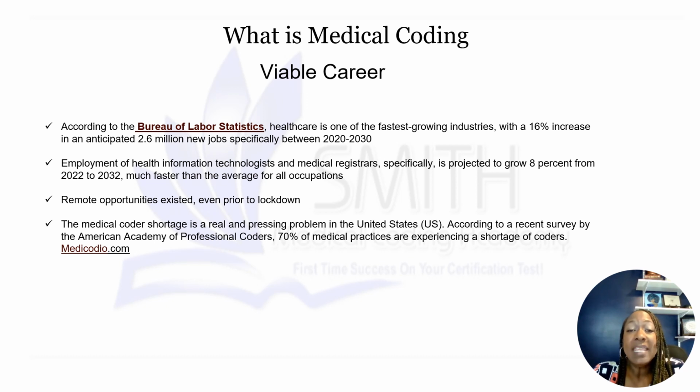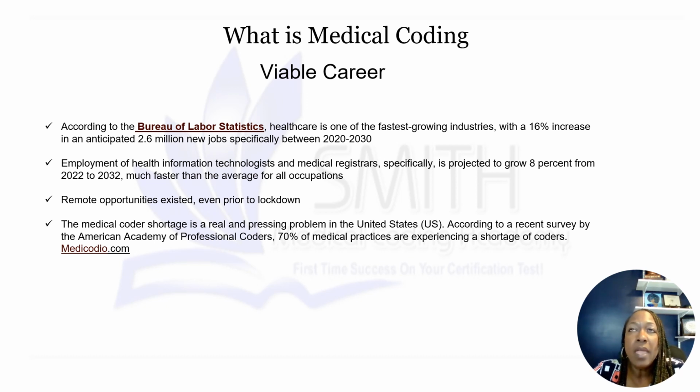So medical coding is a viable career, and like this slide says, healthcare is one of the fastest growing industries in the United States, and according to the Bureau of Labor and Statistics, it's going to experience a 16% growth over the next several years.